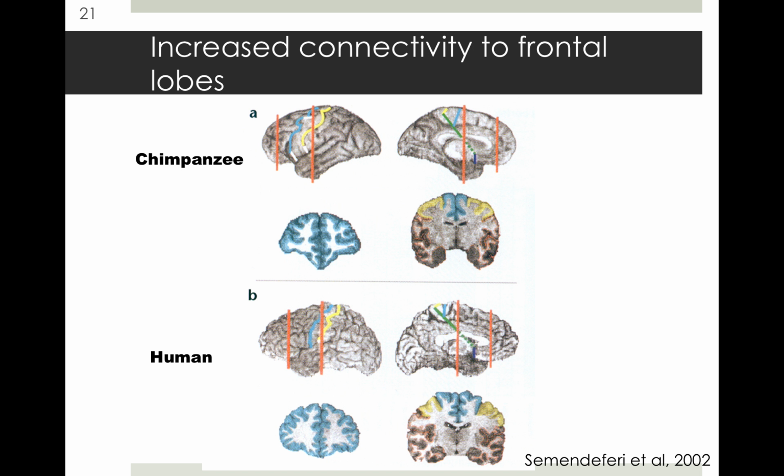They're actually about the same between humans and chimpanzees, but the humans actually have more white matter. Right? So it seems like white matter connectivity to the frontal lobes is something that's even more accurately tracking these differences in cognitive ability.